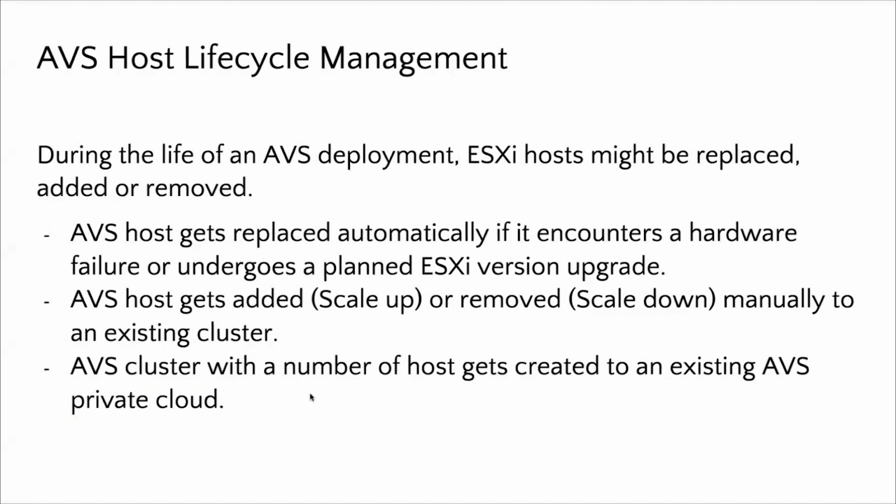This happens more commonly. The other things that you can do manually is add, scale up, or remove a host from an existing cluster. Similarly, you can add additional nodes by adding additional clusters to an existing EVS private cloud.